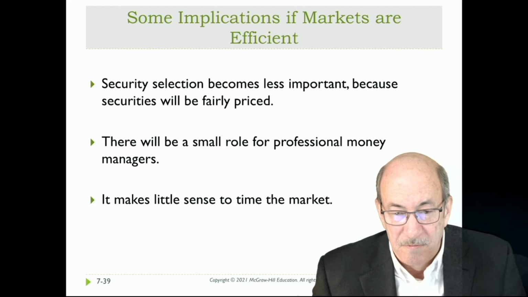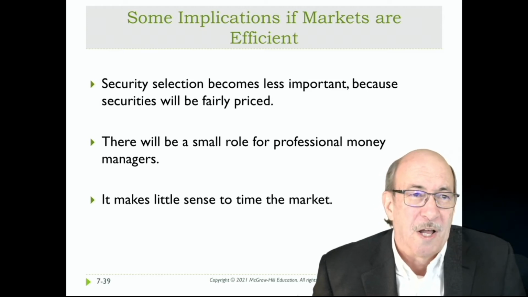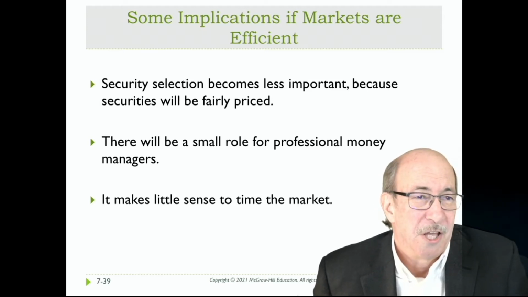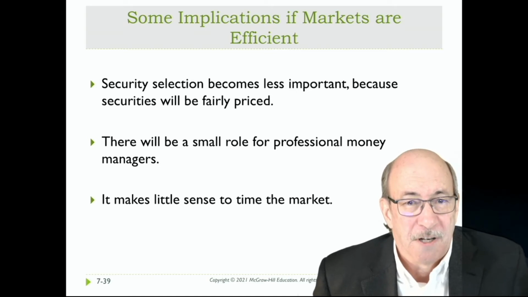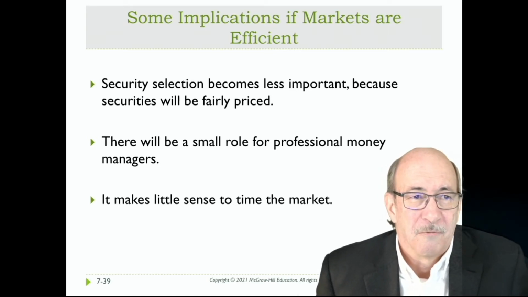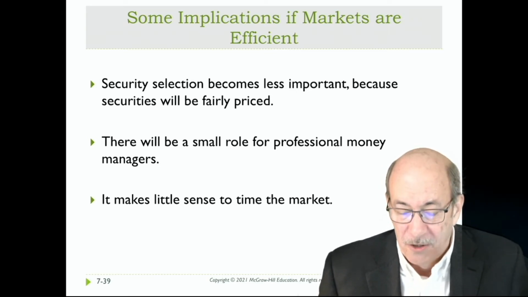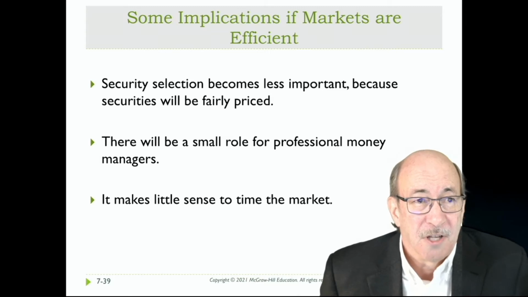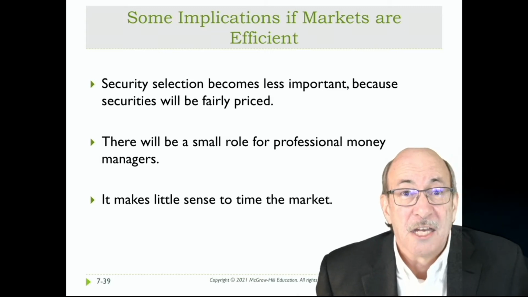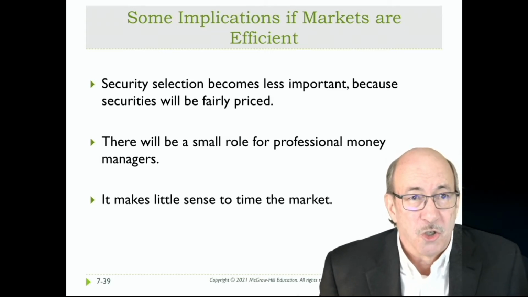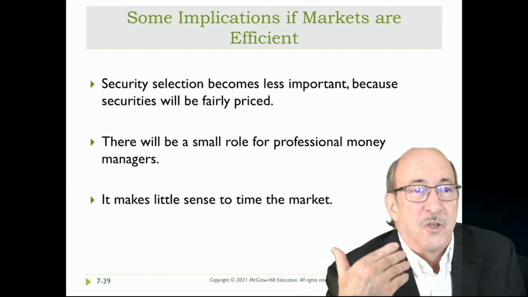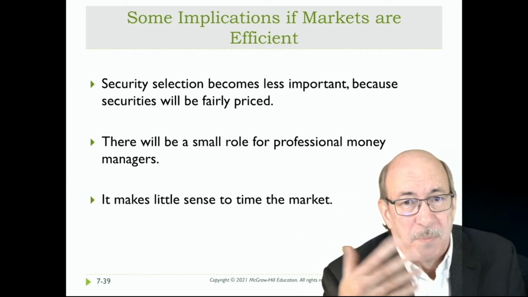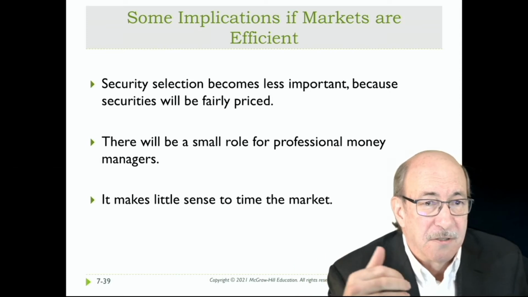Now, as I say, we want to qualify some of this, but on others there's so much evidence that pretty much everybody agrees that security selection is much less important than asset allocation. The studies find that 90% of your return is related to which category you put your money into. Is it stocks, bonds, currency, commodities?